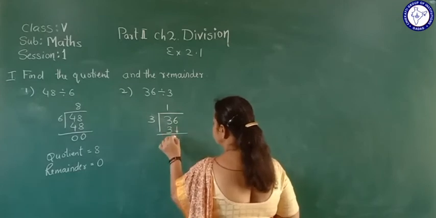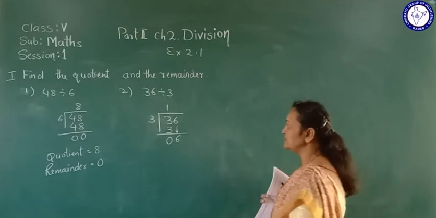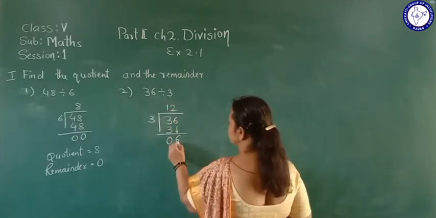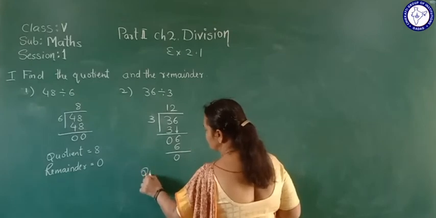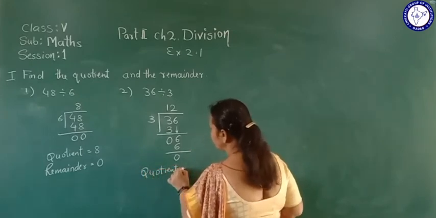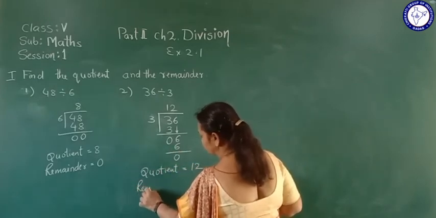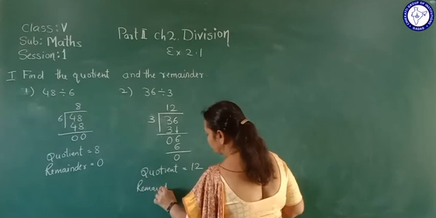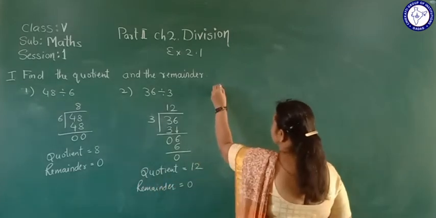Then bring down 6. In the 3 table, where do you find 6? It is 3 2s are 6. 6 minus 6 is 0. So here the quotient is 12 and the remainder is 0.